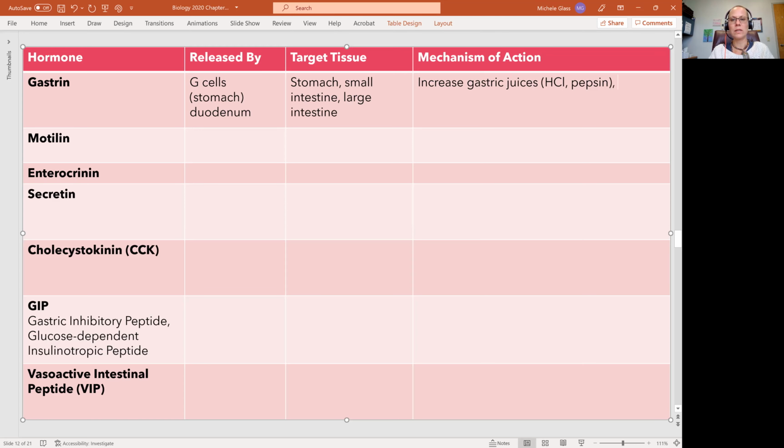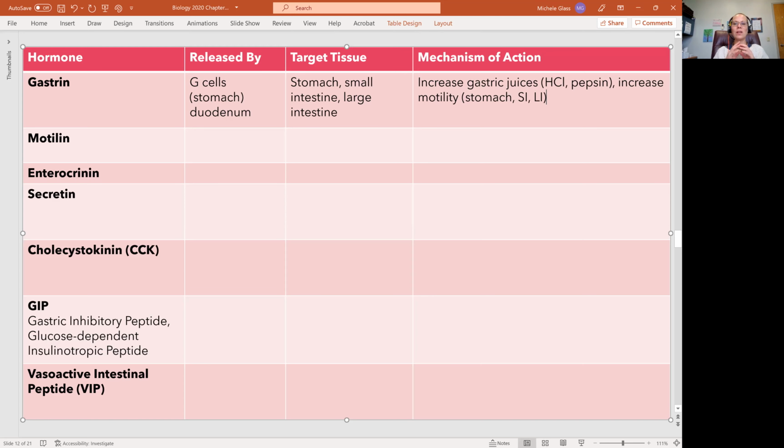We're also going to see it's going to increase motility. So that is the segmentation, churning movements of the stomach. We see it's increasing the motility of the stomach, the small intestine, and the large intestine.